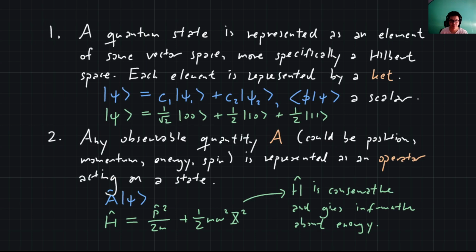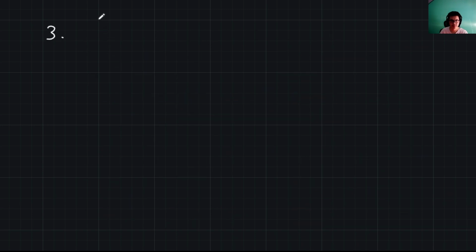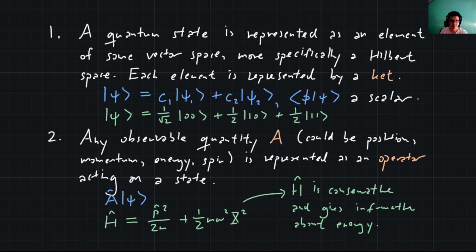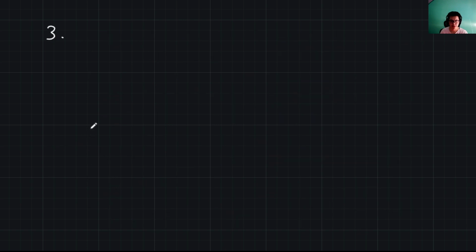Let's move on to the third postulate. The second one is about the observables. The third one is about the eigenvalues.